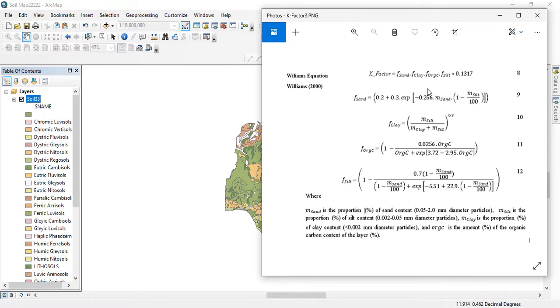Now the function of the sand, clay, organic carbon and silt is what gives us our K factor, where M sand is the proportion of sand content, M silt is the proportion of silt content, M clay is the proportion of clay content, and organic carbon is the amount of organic carbon content of the layer.